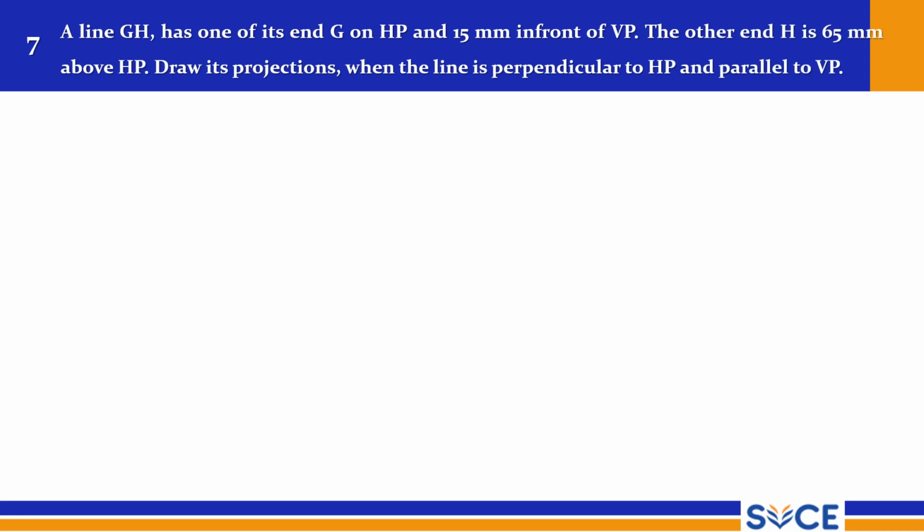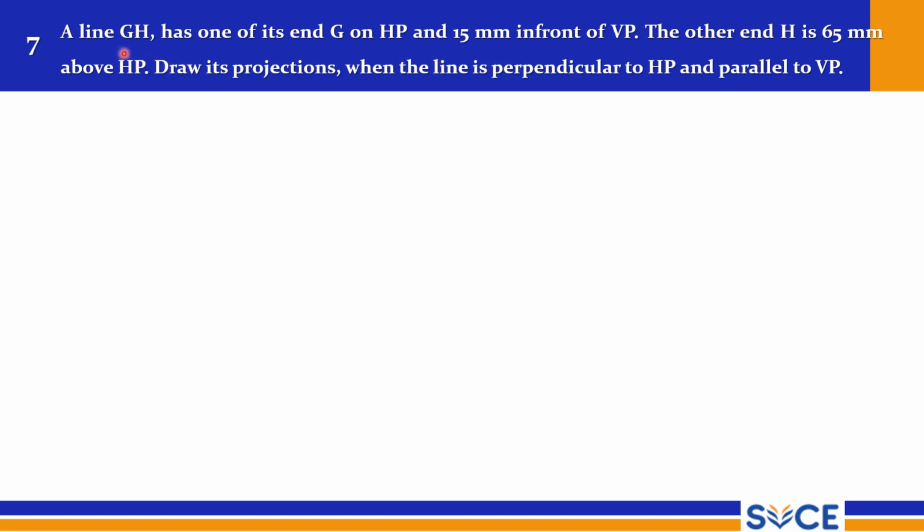A line GH has one of its end G on HP and 15 mm in front of VP. The other end H is 65 mm above HP. Draw its projections when the line is perpendicular to HP and parallel to VP. So here the line is perpendicular to HP, so parallel to VP, and the end positions are given.